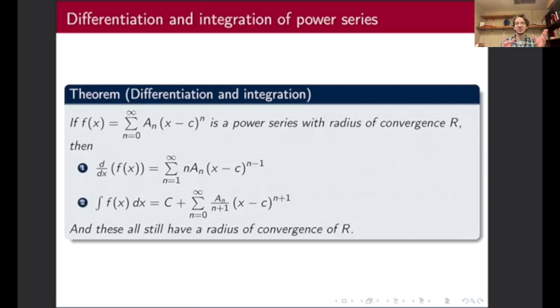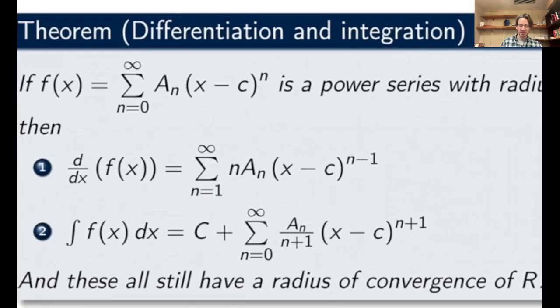To find the power series of the derivative, we literally just differentiate the power series term by term, which is wonderful because differentiating the power series term by term is the same thing as just using the power rule over and over again, everyone's favorite rule. Right?